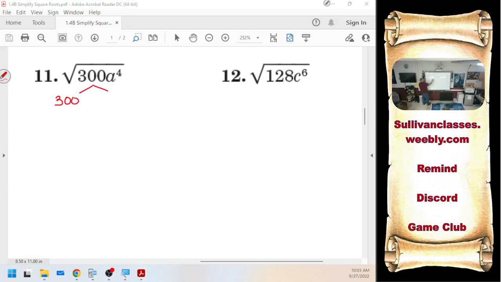Say number part here, variable part here. Okay? What times what makes 300? 3 and 100. What times what makes 100? 10 times 10. What times what makes 10?